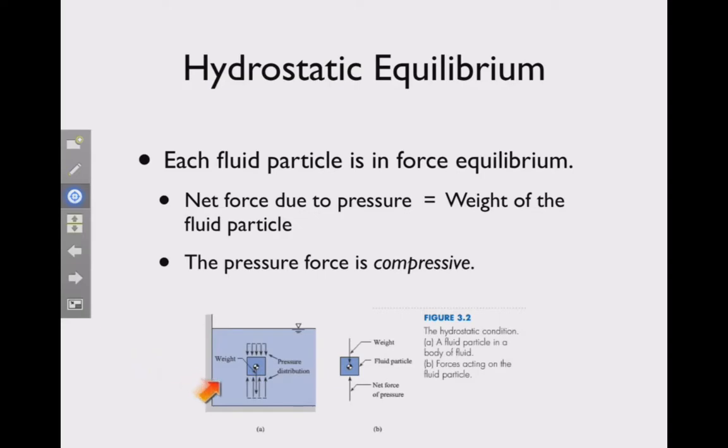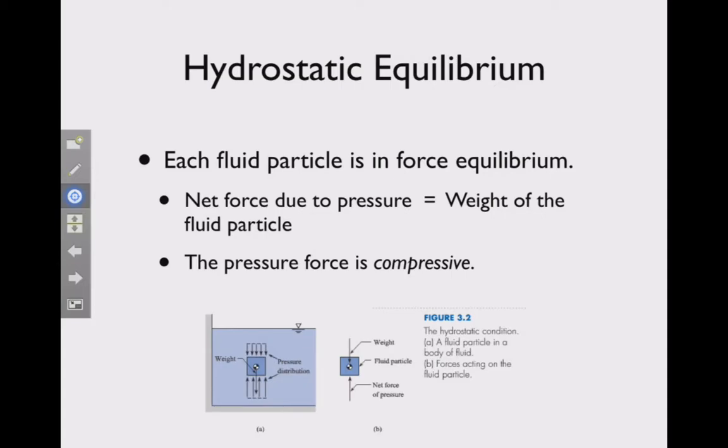That force equilibrium is shown by these diagrams down here at the bottom. But basically, let me just state what we have. The net force due to pressure, which we'll talk about in a minute, must equal the weight of the fluid particle. If these weren't balanced, the particle would start to move.